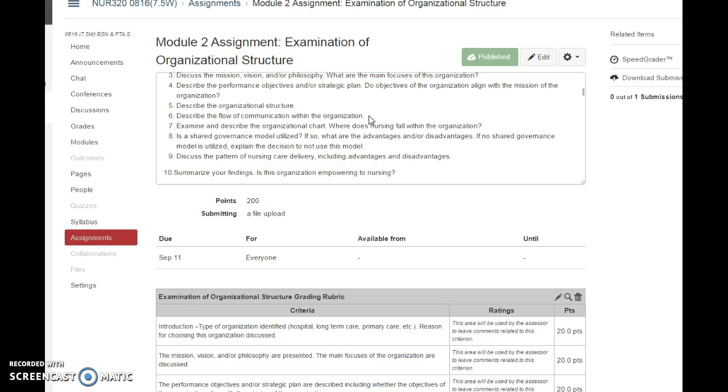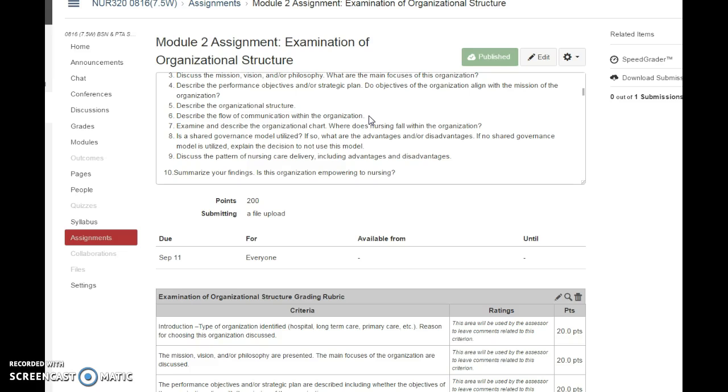I know in the town I lived in, Aurora, which is a larger hospital, had shared governance, and the nurses were very able to take part in the decision making, where the other local hospital had no shared governance, and the decisions were basically made through the administration. Again, this is something you might want to consider to look at when you're looking for your nursing job.